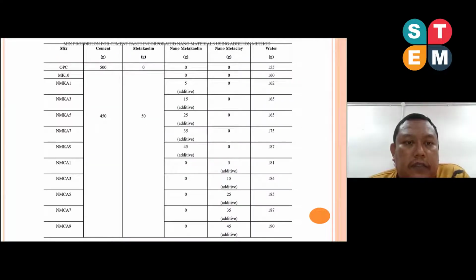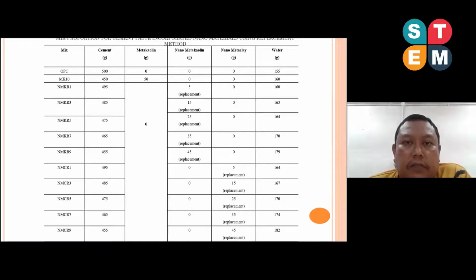These are the mix proportions to achieve the water demand and setting time of the cement paste. This one is for the addition method, and this one is for the replacement method.